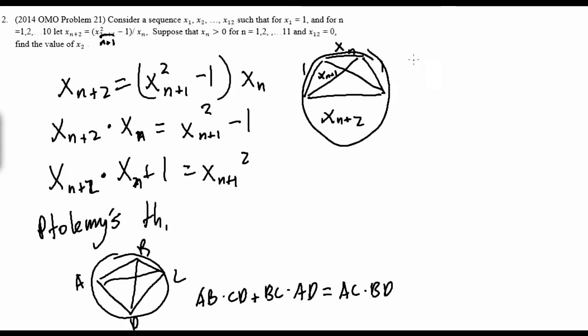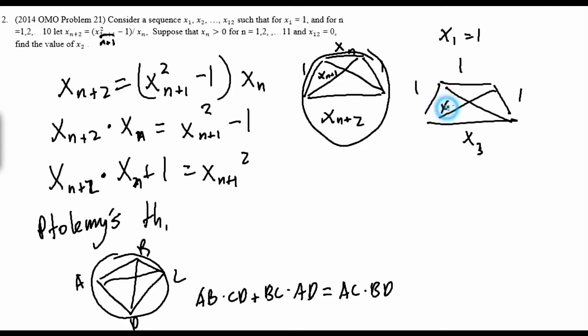And, well, looks like we're getting somewhere, but it's probably just luck, probably coincidence. So let's try this with x1 equals 1. Let's just try that. So if x1 equals 1, that would be 1, 1, 1, x3, and x2 would be here.